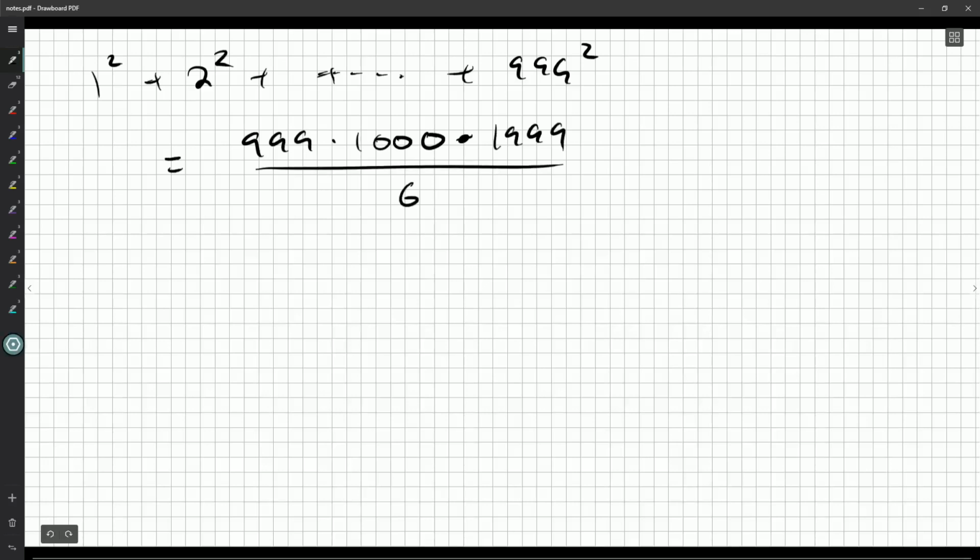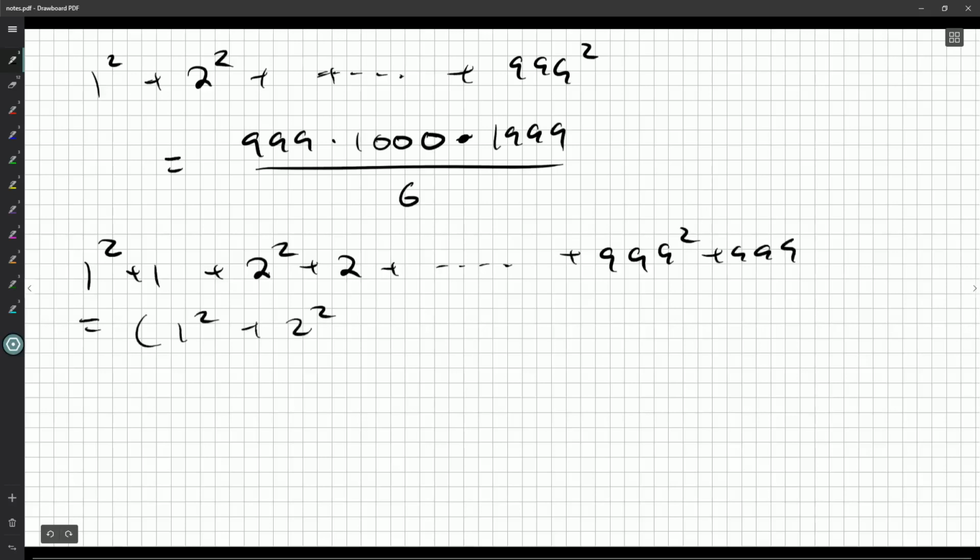Okay. Now, the next one we're doing is 1 squared plus 1, plus 2 squared plus 2, and then all the way up to 999 squared plus 999. And if I separate this, it's just the sum of squares again, and then the sum of the natural numbers.